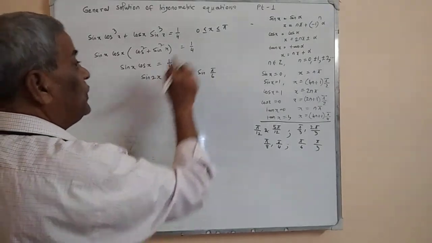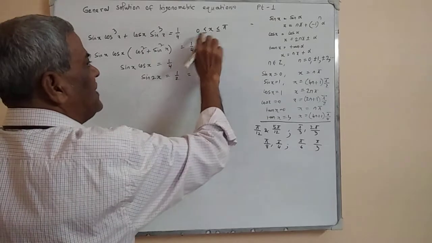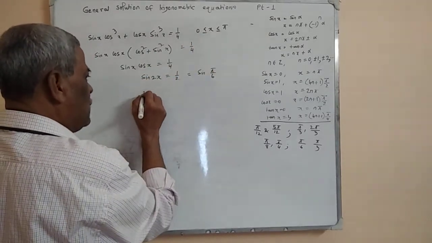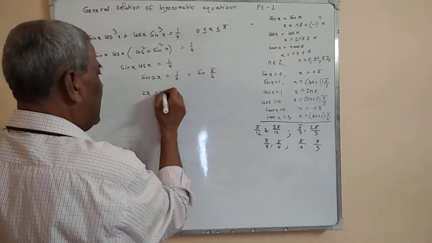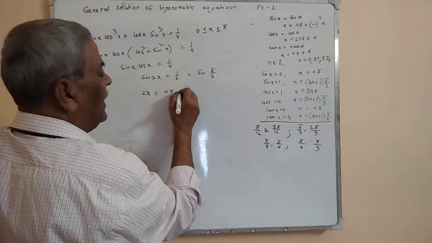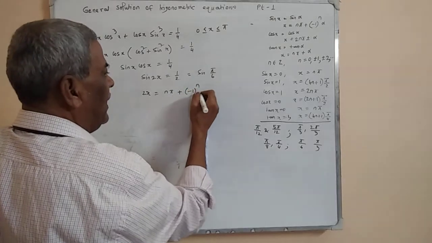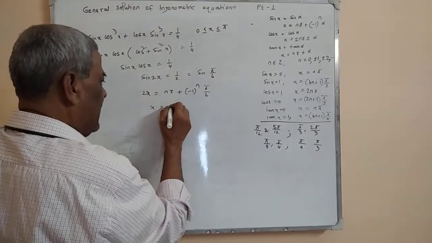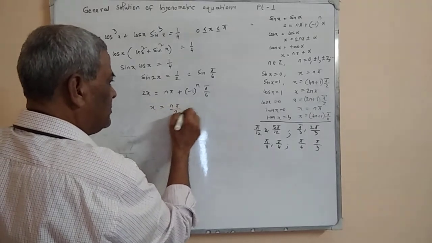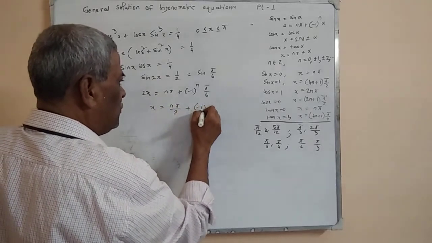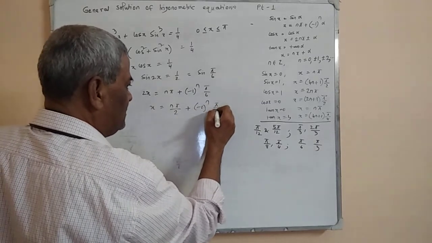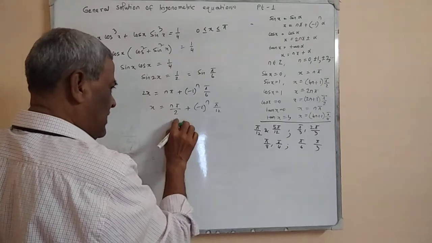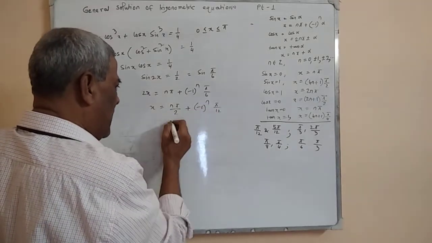The general solution is, we have to find values of x lying between 0 and pi. The general solution is 2x is equal to n pi plus minus 1 to the power n alpha, meaning pi by 6. So x is equal to n pi by 2 plus minus 1 to the power n pi by 12. Putting n is equal to 0, the first result is pi by 12.